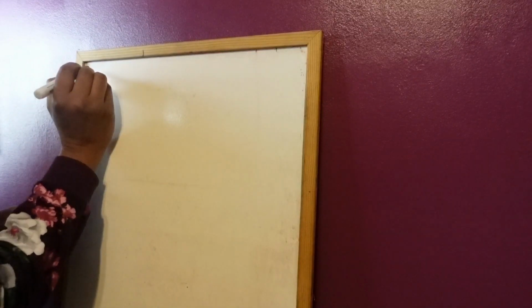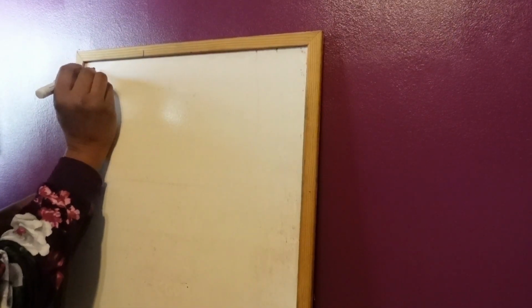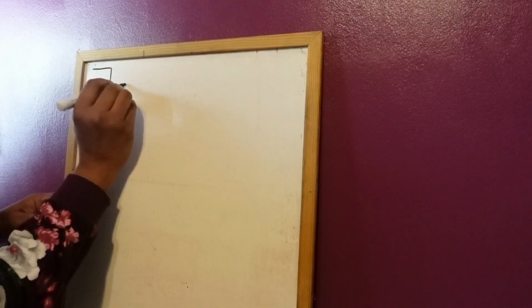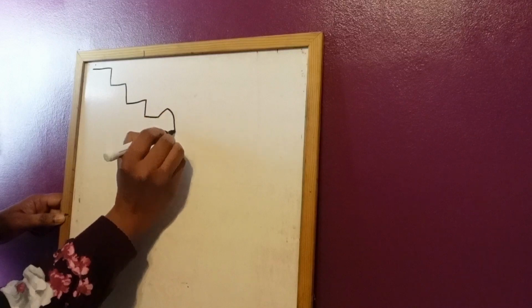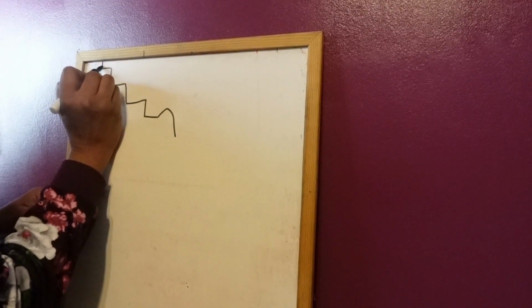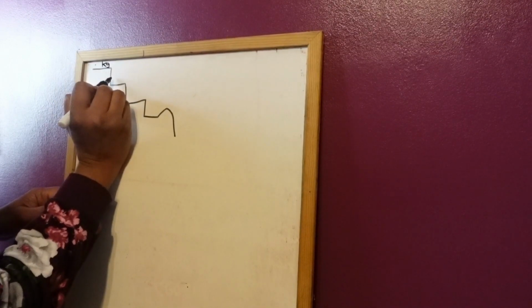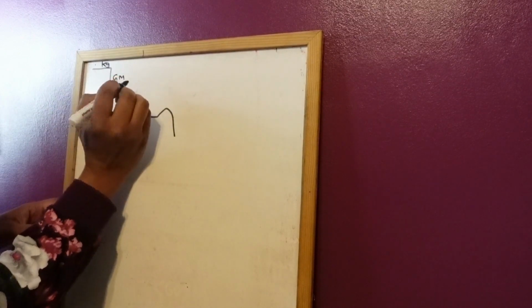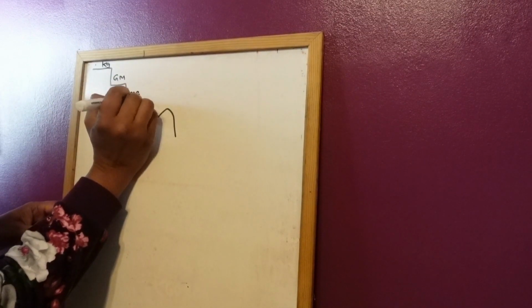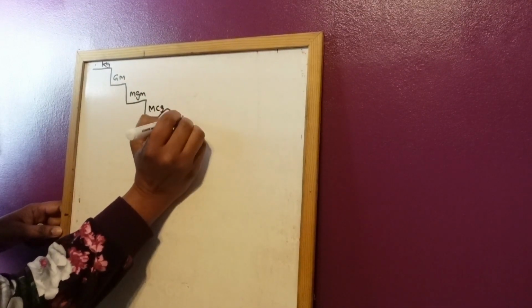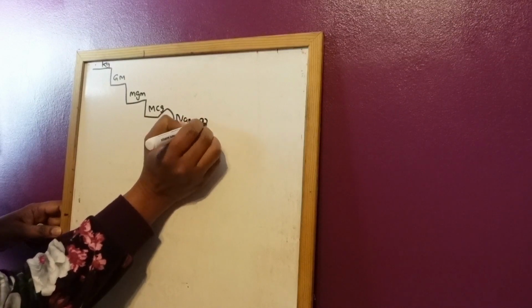So another example I'll say. If I write, just imagine this is kilo, this is gram, milligram, microgram, then nanogram.